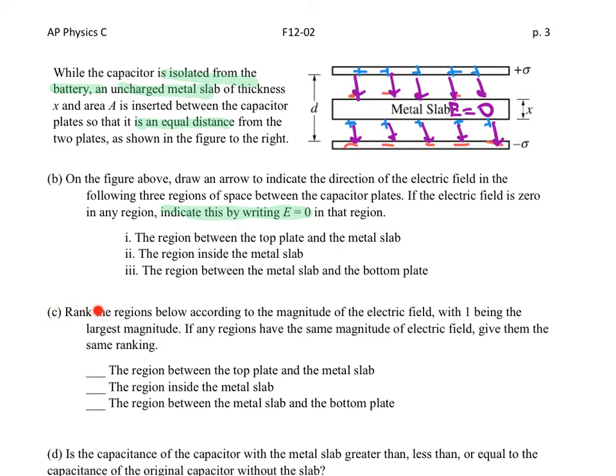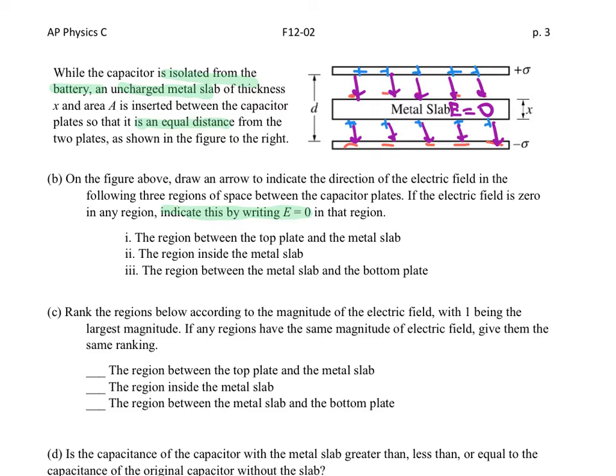Part C. Rank the regions below according to the magnitude of the electric field, with 1 being the largest magnitude. If any regions have the same magnitude of electric field, give them the same ranking. So we go here and we say, well, clearly 0 will be less than the others, so they're not all going to have the same ranking. But we also know that the electric field between 2 large plates is dependent only on sigma of the plates.